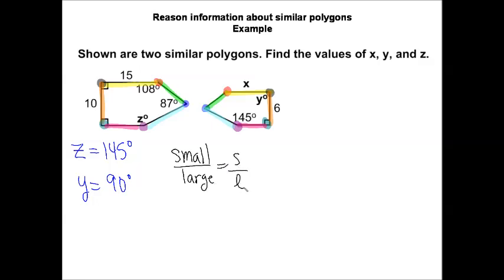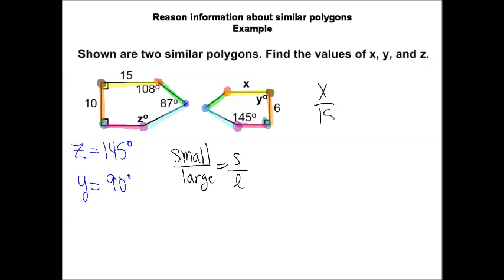I can't do x over 15 here and then do 10 over 6 there. So whichever shape you put on top, small or large, has to be the same on both. I always put the little one on top because it appeals to my sensibility to not be top heavy, but it doesn't really matter. So do you want 15 over x or x over 15? Okay, so we'll do x over 15.